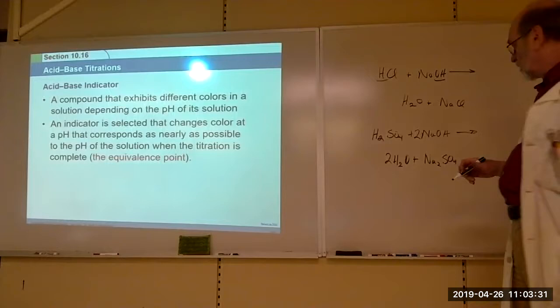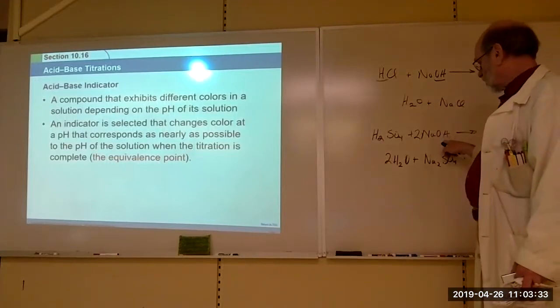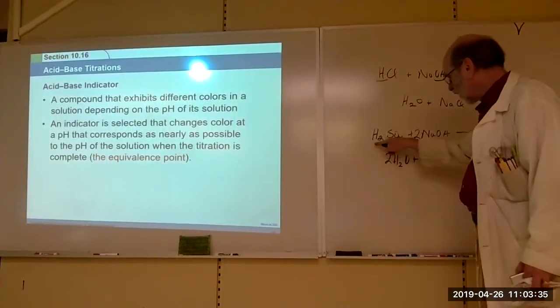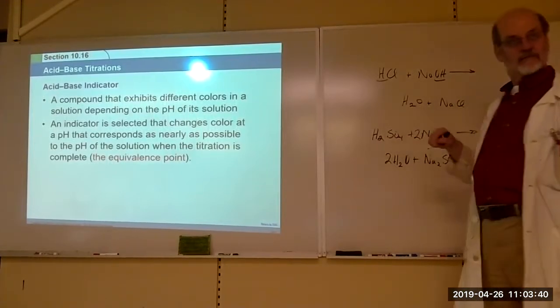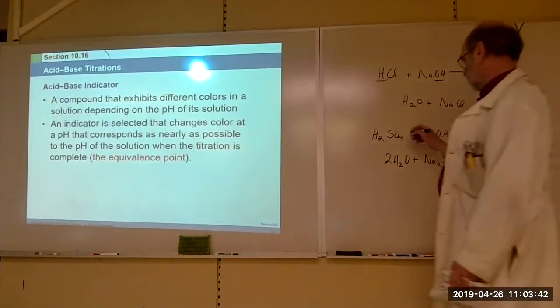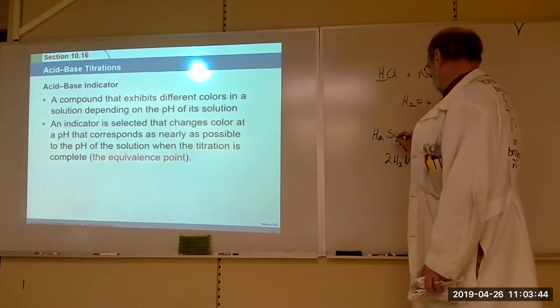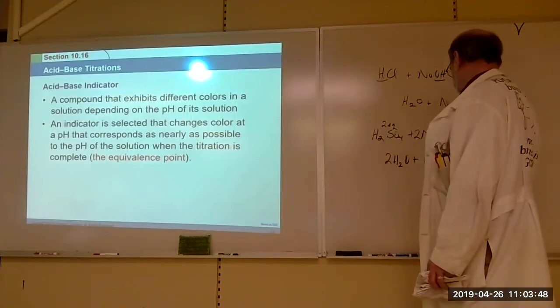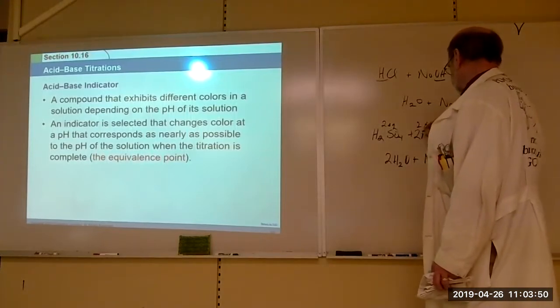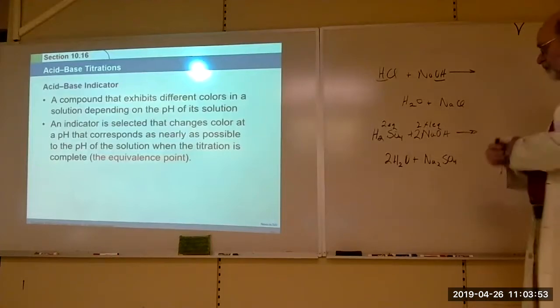The reason is this one makes 1 equivalent, and this one makes 2 equivalents. So it takes 2 of these to match that one. Okay? So this makes 2 equivalents, this makes 1 equivalent, so we have to say 2 times it. That's why the 2.